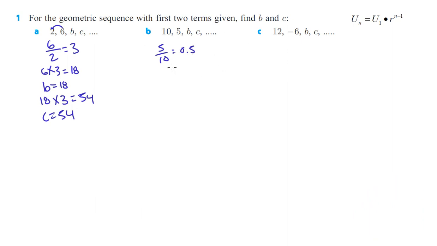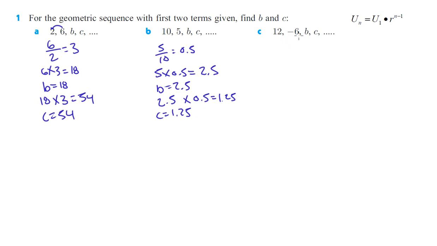So we're just multiplying by a half here. So you take 5 times 0.5, and that gives us 2.5. So that's what B is. And then to figure out what C is, we take 2.5, multiply that by 0.5, and that's going to give us 1.25. So C is 1.25.